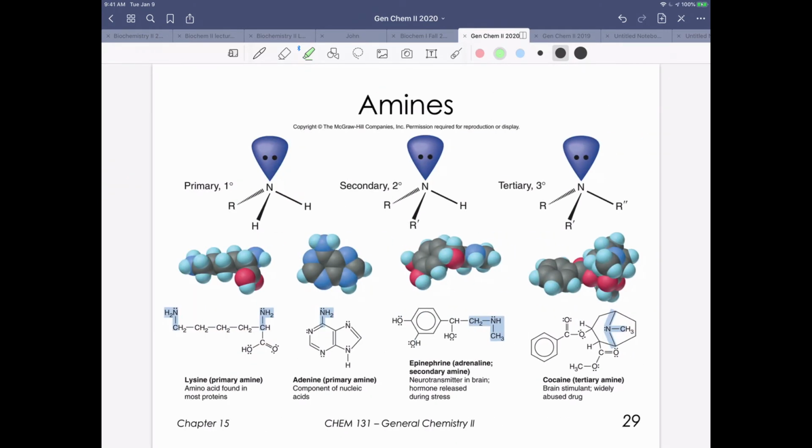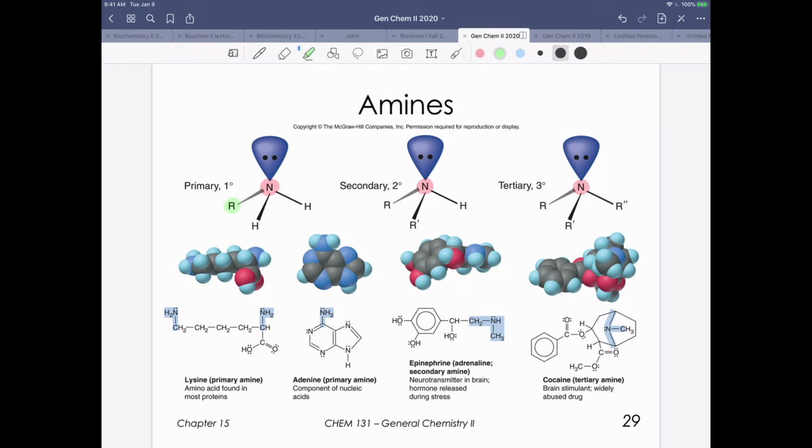All right, we can do the same thing with amines, okay? When we think about amines right now, it's going to be a little bit different, because now we're asking directly about how many carbon atoms are attached to the nitrogen. So in this case, we still need to look at the nitrogen atom, and now we're asking how many carbons are attached to that nitrogen atom.